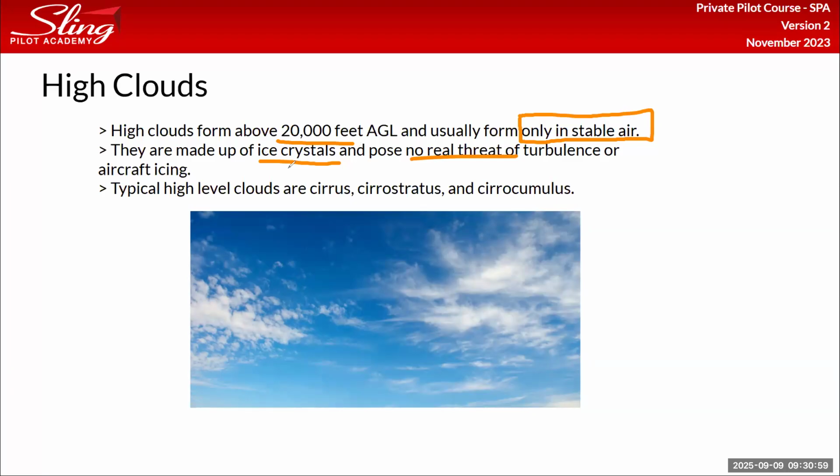Flying through supercooled water droplets is where those droplets get on the surface of the airplane and freeze on the surface instead of just flying off, right? So ice attached to the surface of our plane, especially our control surfaces, is where we get aircraft icing and where it's dangerous. And then up here are cirrus clouds, cirrostratus, and cirrocumulus.